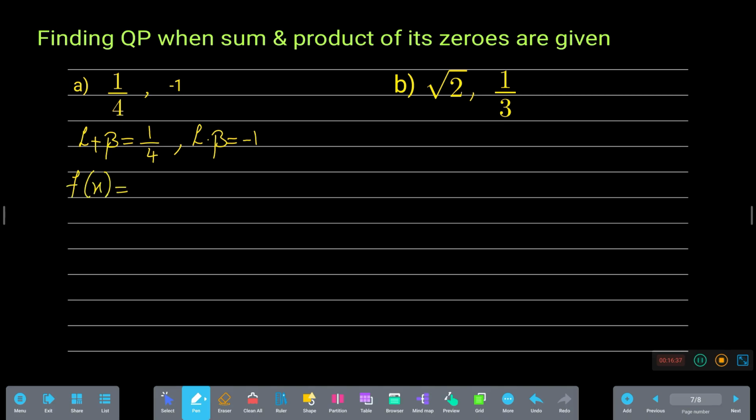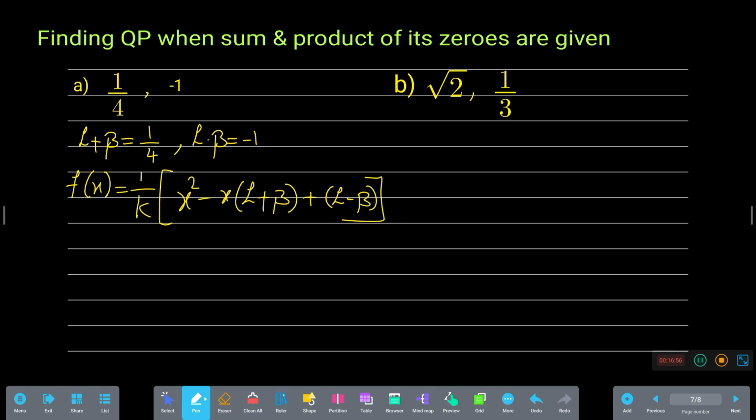quadratic polynomial equal to 1 by k into x square minus x into sum of zeros plus product of zeros.